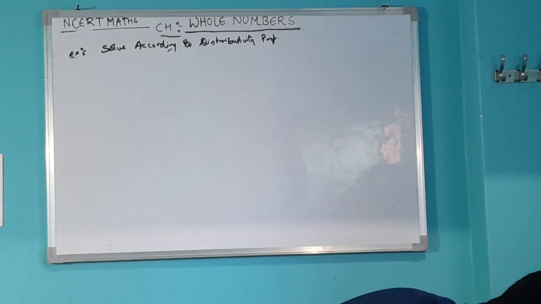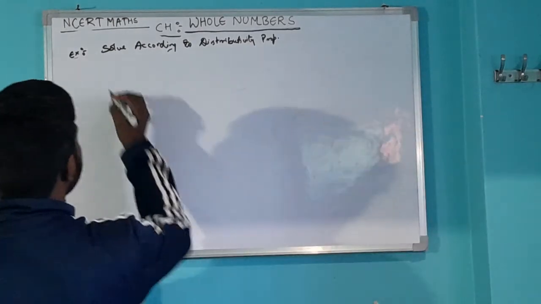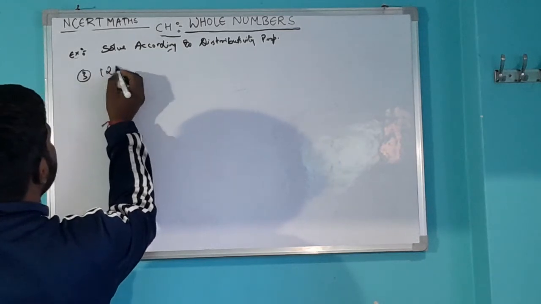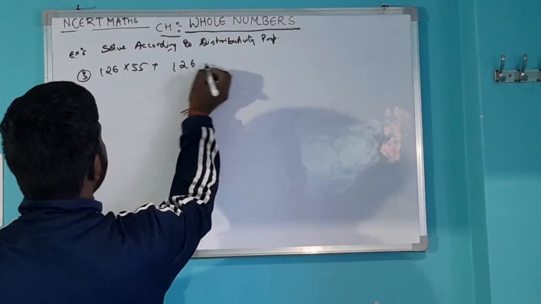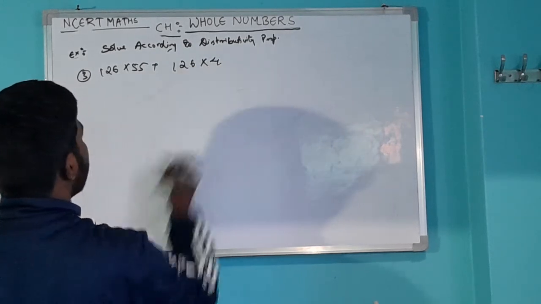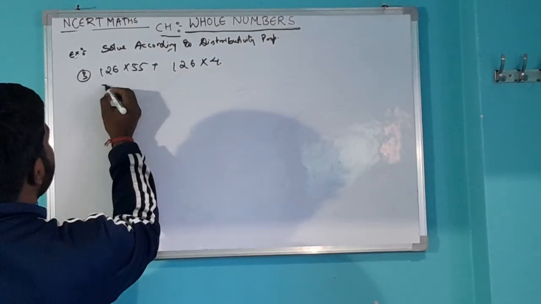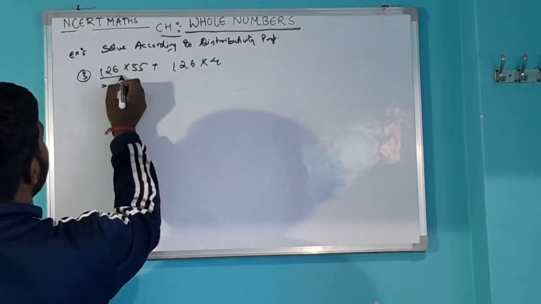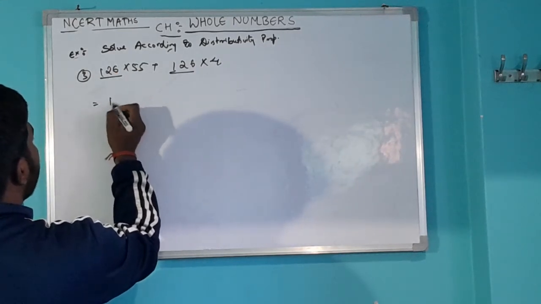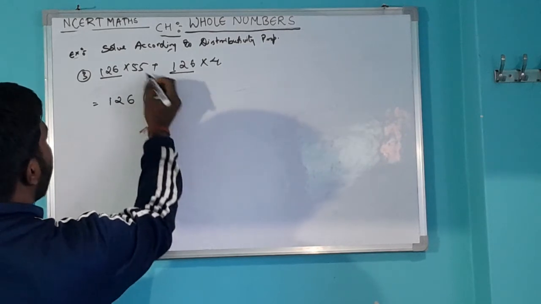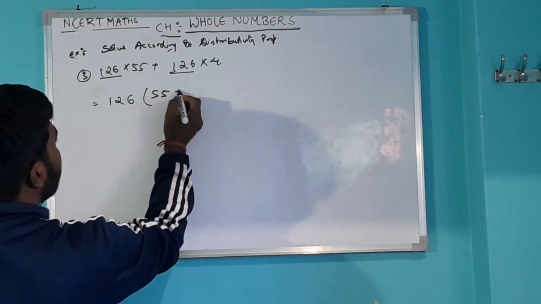Let's see another example, which is 126 into 55 plus 126 into 4. We simply see that 126 occurs two times, so we take it common and write the rest in bracket form.